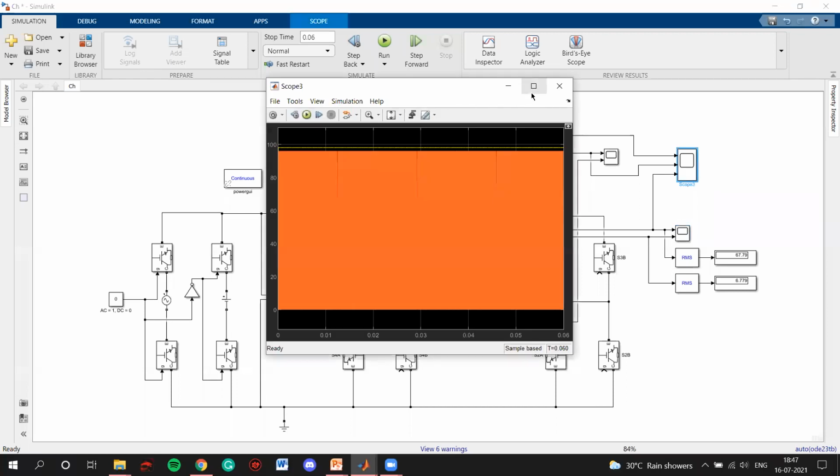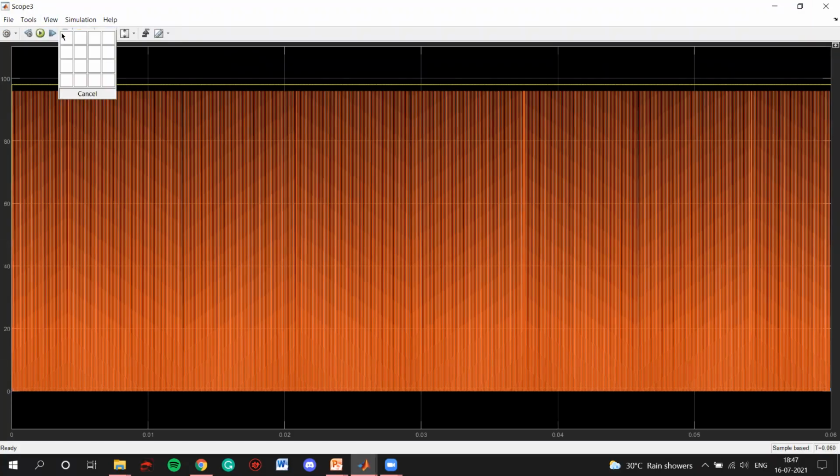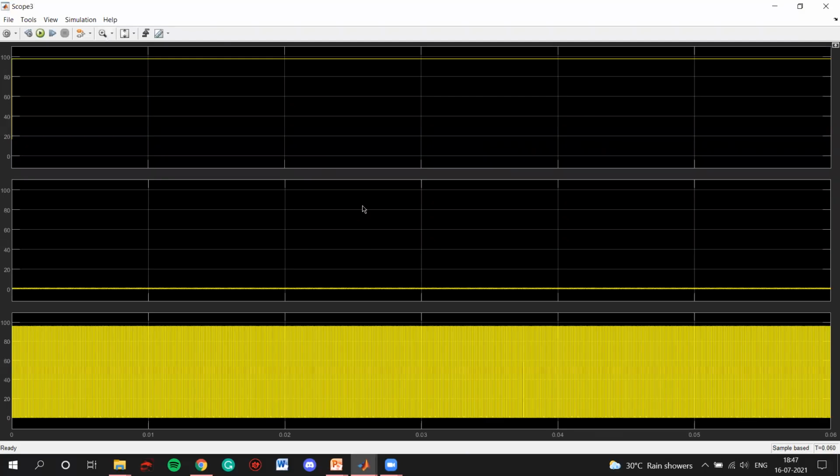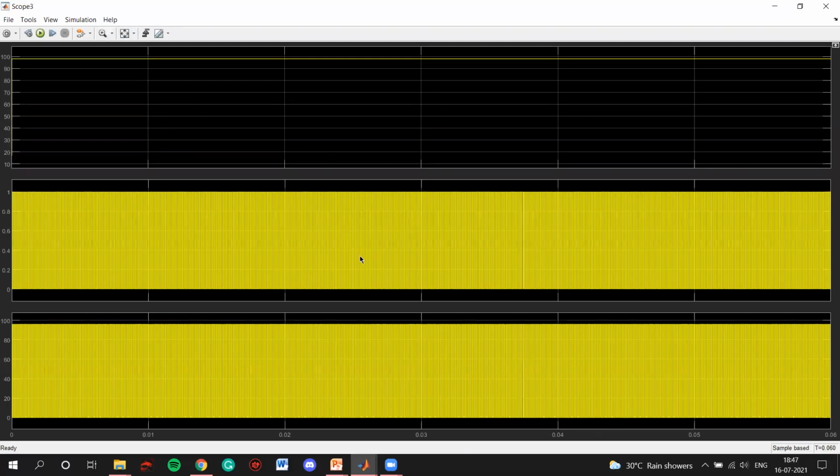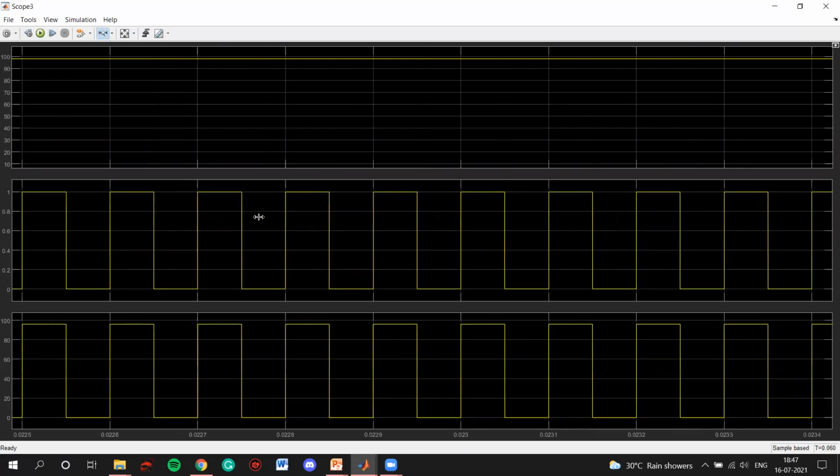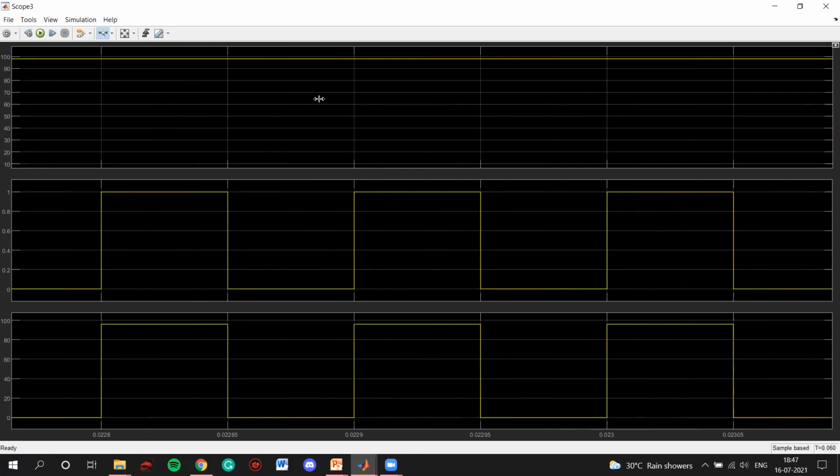Let's understand this main thing. So now, we can see here the first one is the input, that is DC. Second one is the gate pulses, which is pulsating, which is ranging from 0 to 1, which is pulsating in nature.